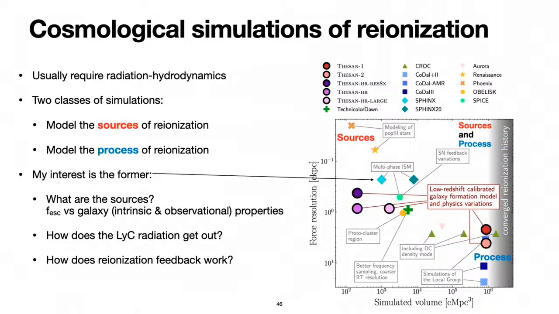So I'm really interested in the latter kind of simulation. We use the Sphinx simulations, which are shown here, to try to resolve what's going on inside the galaxies, how the Lyman continuum photons are produced and how they escape from those galaxies into the IGM.